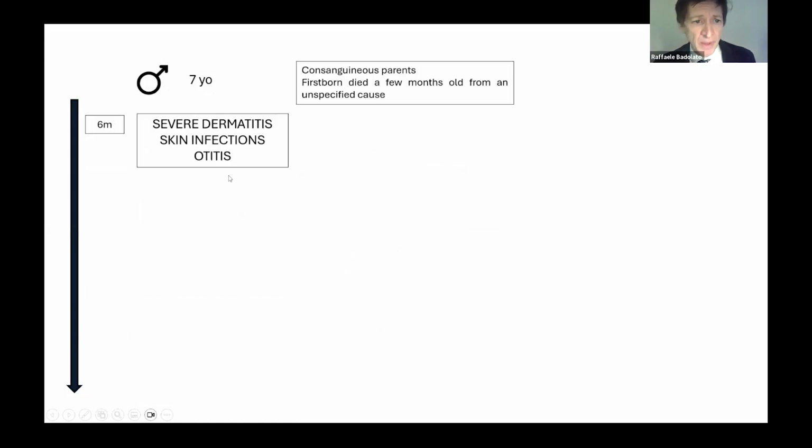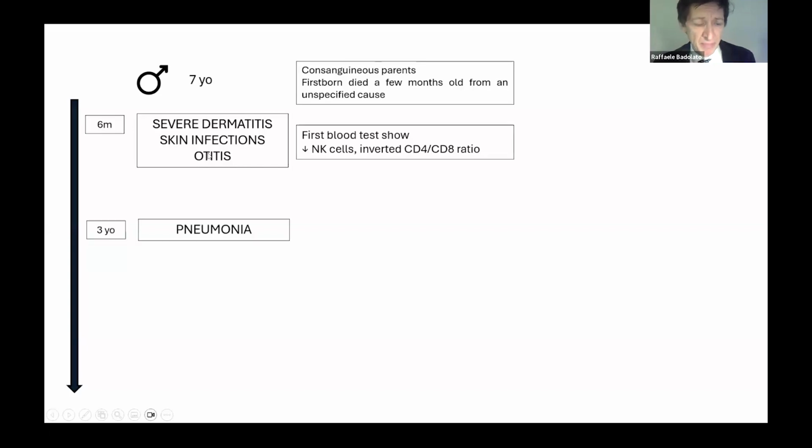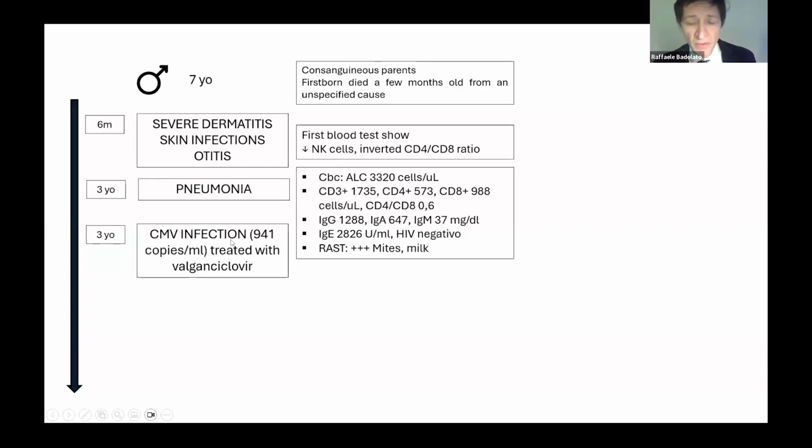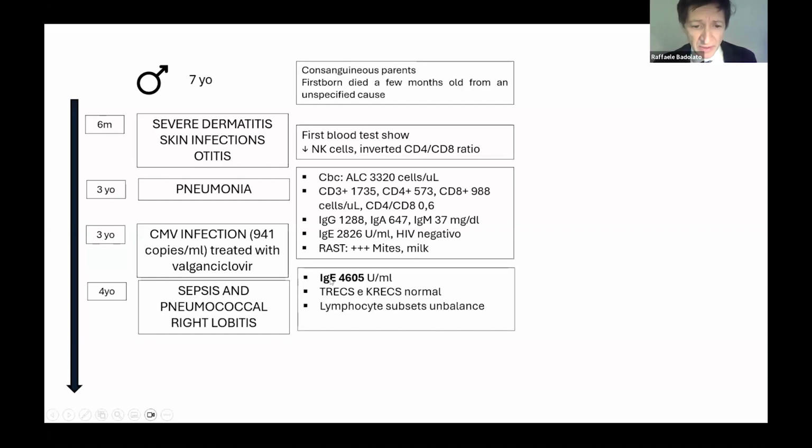And then we have a third patient with severe dermatitis, pneumonia, and also viral infection, who presented quite severe infections in terms of sepsis and pneumococcal infection, elevated IgE, and abnormal lymphocyte subsets.